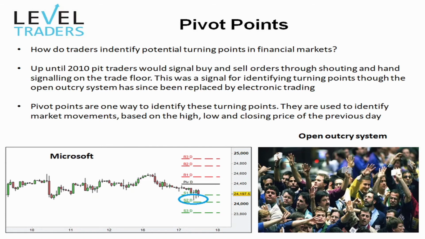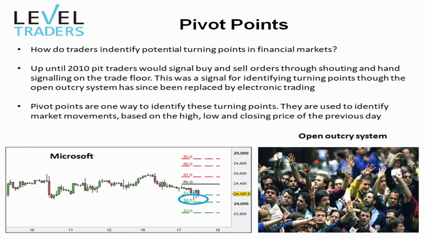What you can see is a bunch of lines on the chart in red and green. The red represents resistance pivot points, and the green is support pivot points. You can see S1, S2, S3, and R1, R2, R3. That just represents the different levels: support 1, support 2, resistance 1, and resistance 2.